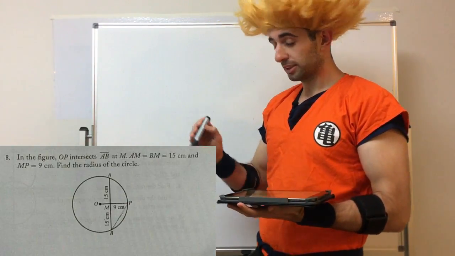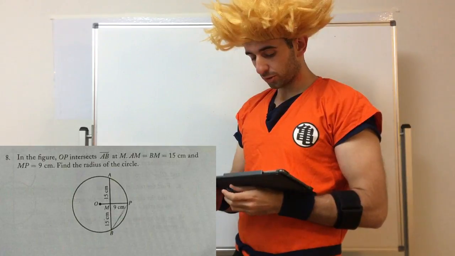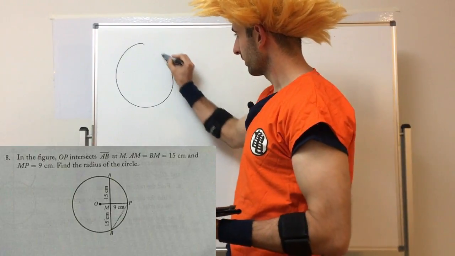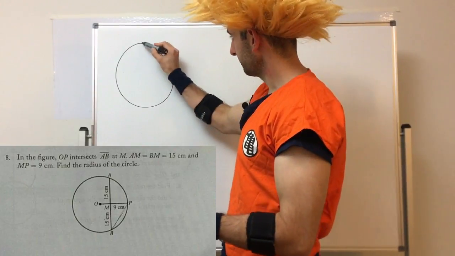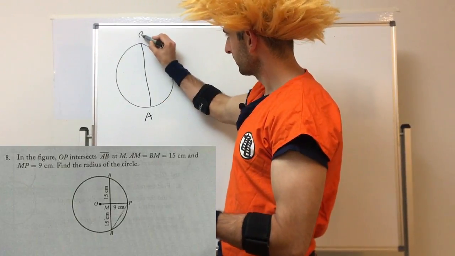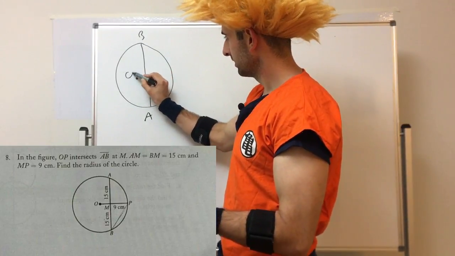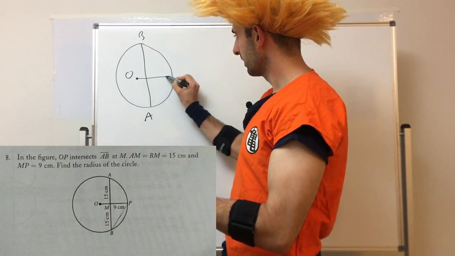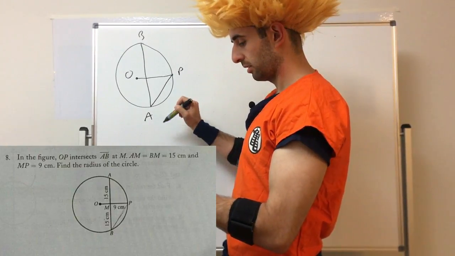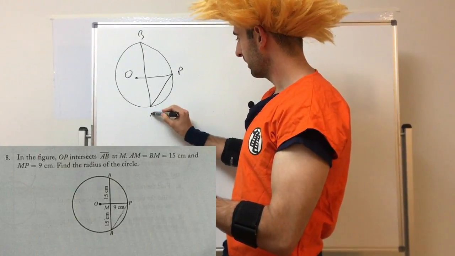So the question which you'll see here, alright, let's draw the circle. In the figure, we've got the line AB, the centre. Oops, I drew it the wrong way around, sorry.